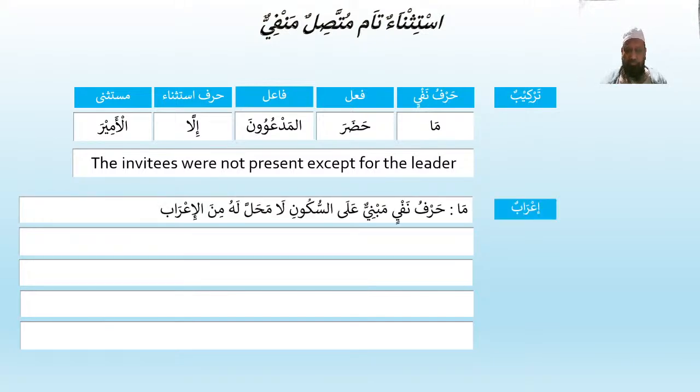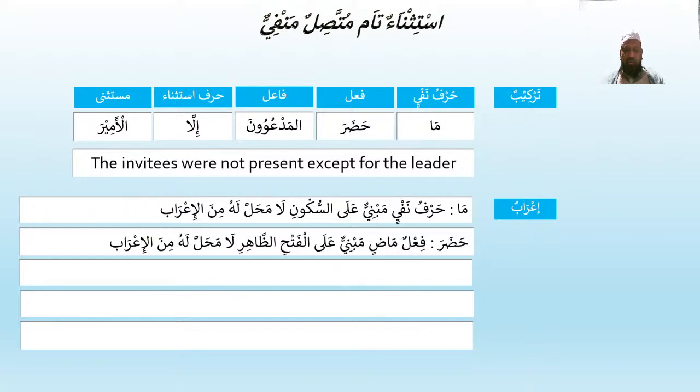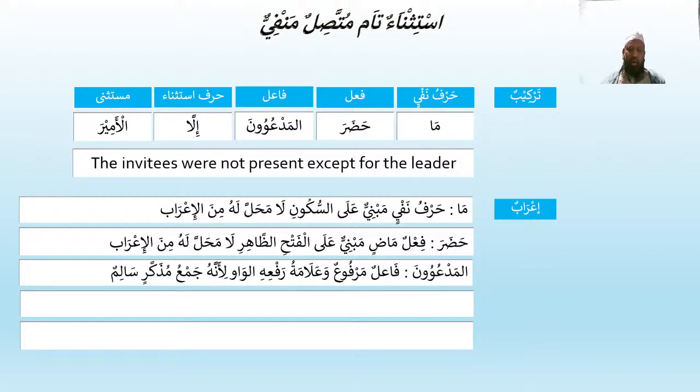تركيب, same as what we just did in the example before. ما حرف نفي مبني على السكون لا محل له من الإعراب. حضر فعل ماض مبني على الفتح الظاهر لا محل له من الإعراب. المدعوون فاعل مرفوع وعلامة رفعه الواو لأنه جمع مذكر سالم. Understand? Why is it fa'il and marfu?